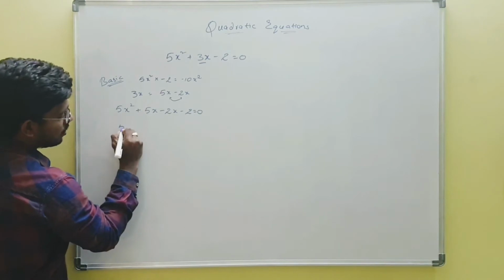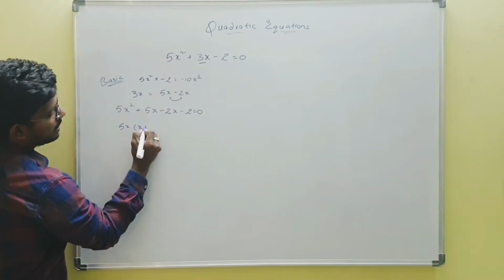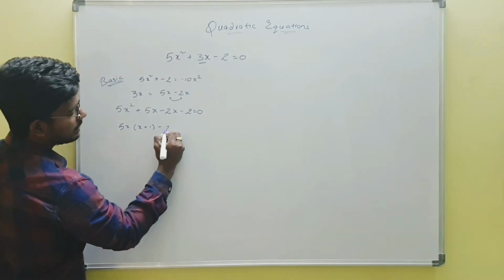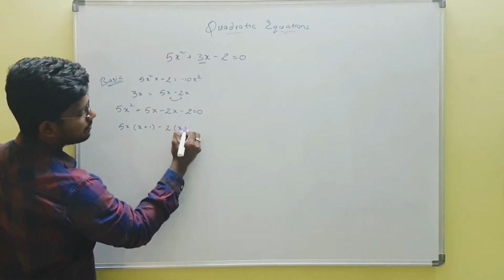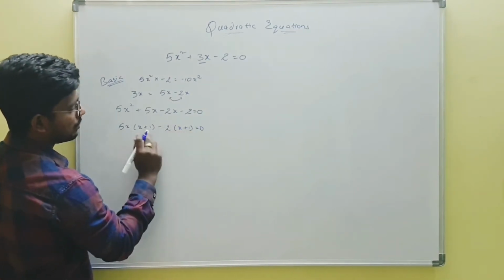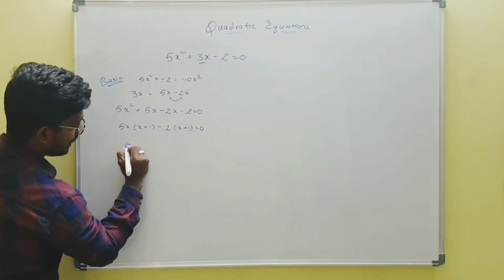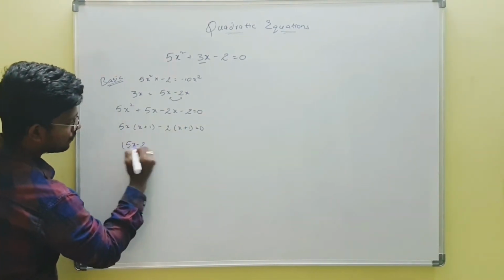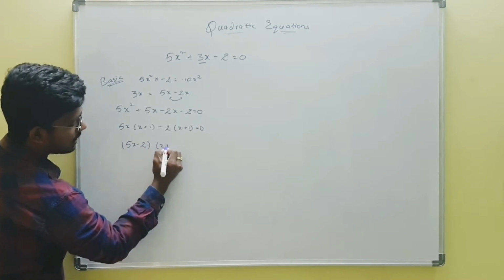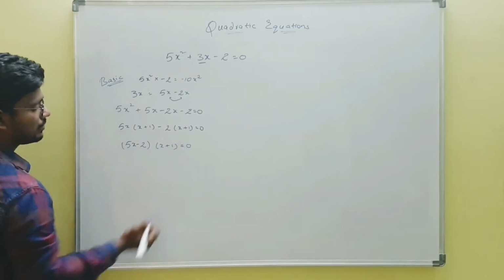Taking 5x as common, x plus 1, minus taking 2 as common, I get x plus 1 is equal to 0. Here x plus 1 and x plus 1 are the same. So I will take (5x minus 2) into (x plus 1) is equal to 0.